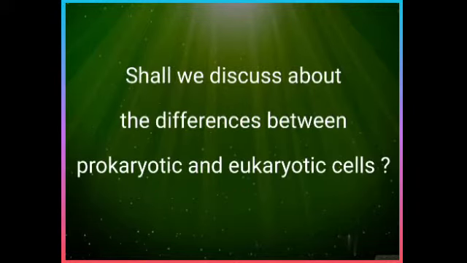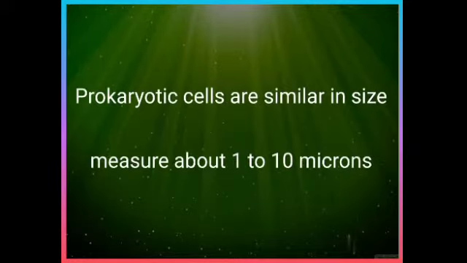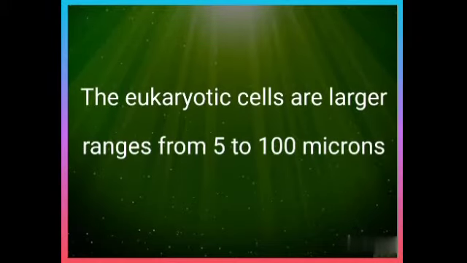Slaters, shall we discuss the differences between prokaryotic and eukaryotic cells? Firstly, the size of cell. Prokaryotic cells are similar in size and measure about 1 to 10 microns, whereas the eukaryotic cell sizes are larger and range from 5 to 100 microns.